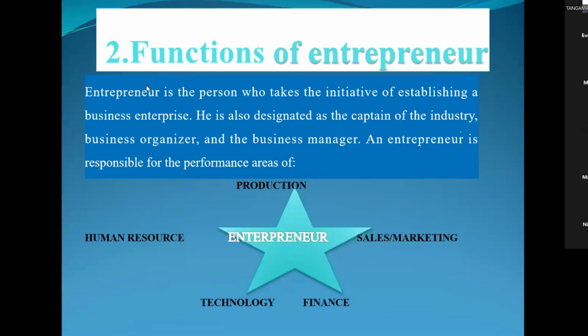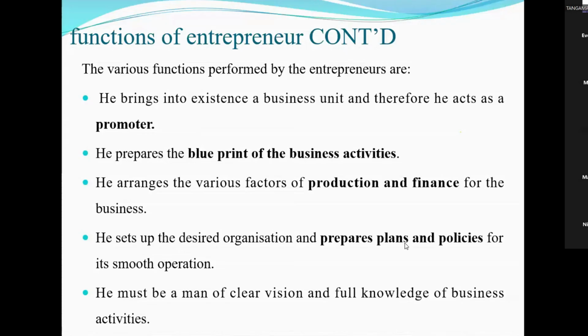Also there are promotions, operations, planning and implementation. There is also production, financial management, and also policy making and other leadership and management functions that should be done by the entrepreneur.